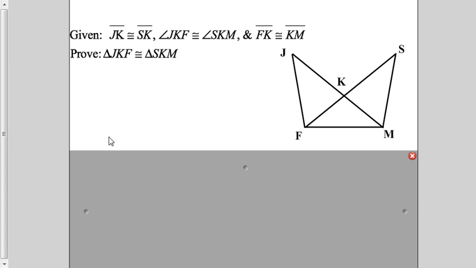Angle JKF is congruent to angle SKM. And side FK is congruent to KM. And you want to prove, so be careful of this one, triangle JKF is congruent to triangle SKM.